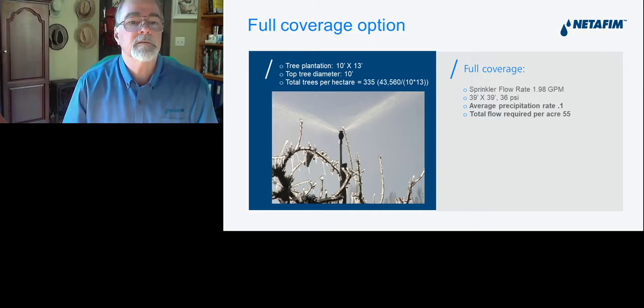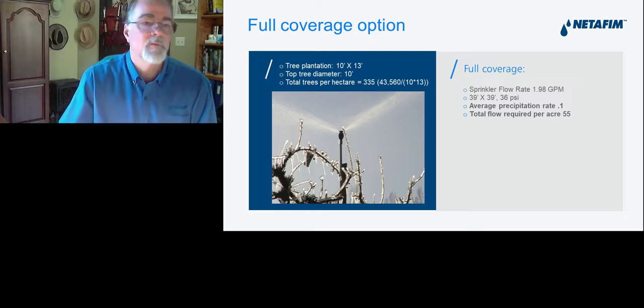So in this case, we're using a almost 2 gallon per minute large head is what it actually is. On a almost 40 by 40 spacing at 36 PSI, it's got a 0.1 precipitation rate. Its flow rate per acre is 55 gallons. So you can take that number and say, okay, I've got this many acres, I've got to have this much water supply.